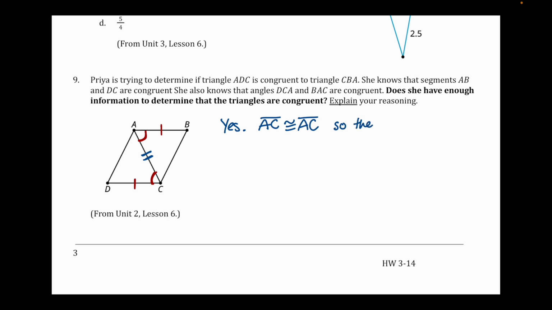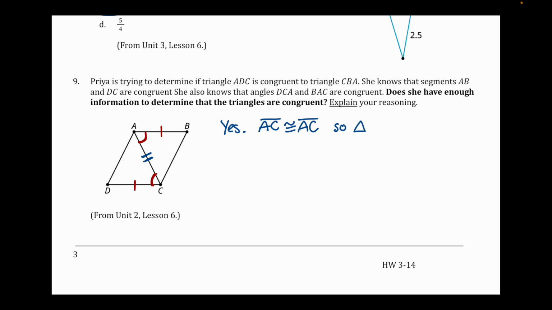ADC, CBA, sorry, I was just checking to make sure that my letters actually went in the right order. So I'm going to say triangle ADC is congruent to triangle CBA by side-angle-side triangle congruence.